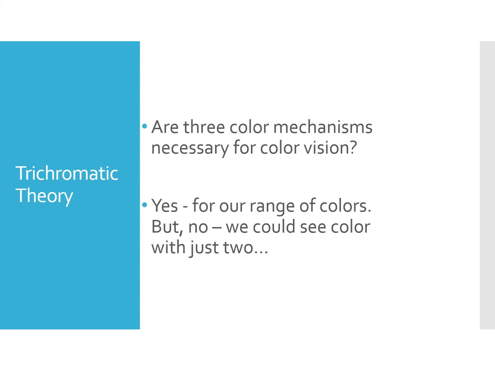Are three color mechanisms necessary for color vision? Well, yes, for our range of colors, but no, we could see with just two of these cones, or two color mechanisms. We just wouldn't see the same range of colors. And we've already started some of this discussion in my section 1 class, because they were asking questions about color blindness, or what's better referred to as color deficiency, because they are deficient in their color vision.